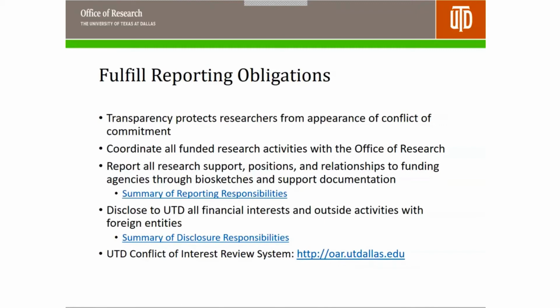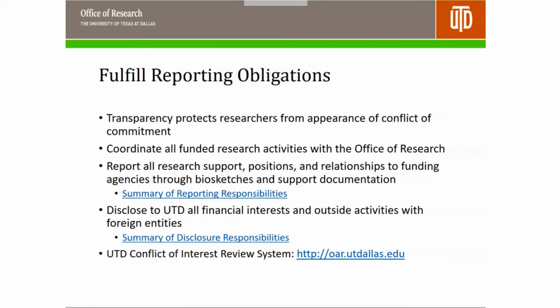But what the federal funding agencies right now are expecting of U.S. universities is that we are aware of the funded activities that our researchers are engaged in outside of the funding that comes through this institution, and that researchers are reporting all of the support that they have, whether it's direct funding or access to facilities that they're using to generate data that they will use to meet their obligations to the federal funding agencies.